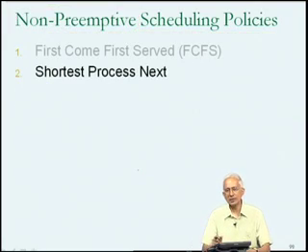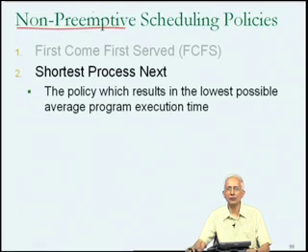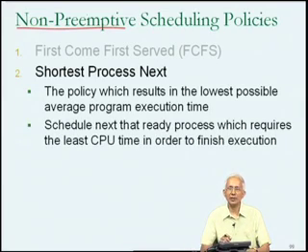Therefore, another process scheduling policy which is talked about in the context of non-preemptive situations is a scheduling policy which actually tries explicitly to minimize the average program execution time by always scheduling the process which requires the least amount of CPU time. So among all the ready processes, it tries to identify the process which has the lowest requirement as far as execution time is concerned.